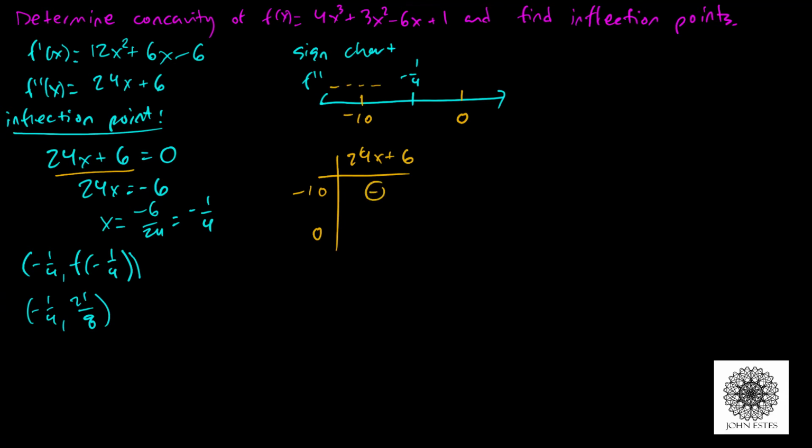So the result there is that anything below negative 1/4 will make the second derivative negative. If I plug in 0, I get positive 6, which is positive. So the implication is that any x value greater than negative 1/4 makes the second derivative positive. From there we can determine here, since this is negative, I'm concave down. And here, past negative 1/4, since my second derivative is positive, I'm concave up.